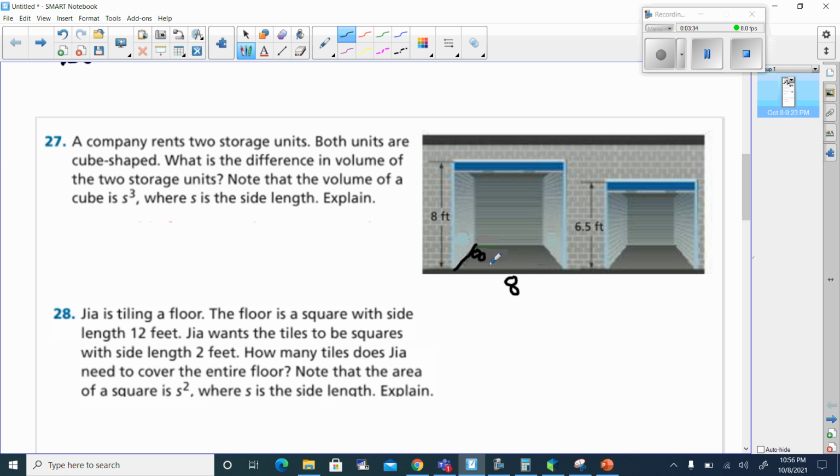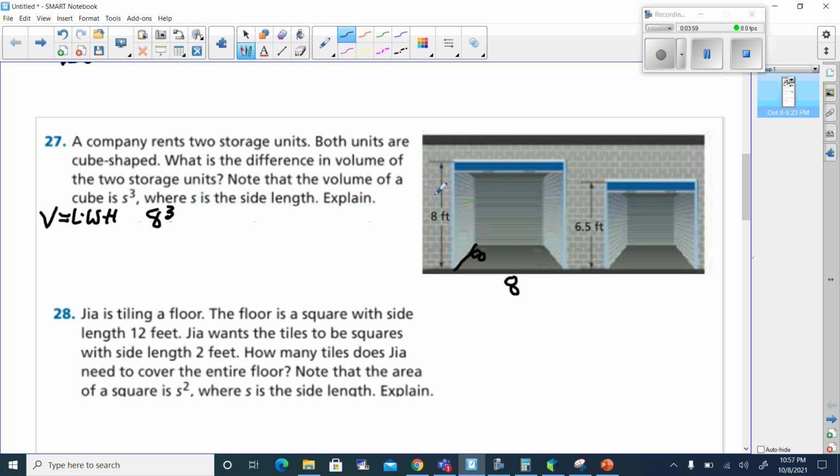And so we have 8 times 8 times 8 because volume equals the length times the width times the height. And so this is 8 times itself 3 times, and that's going to be 8 to the 3rd power.